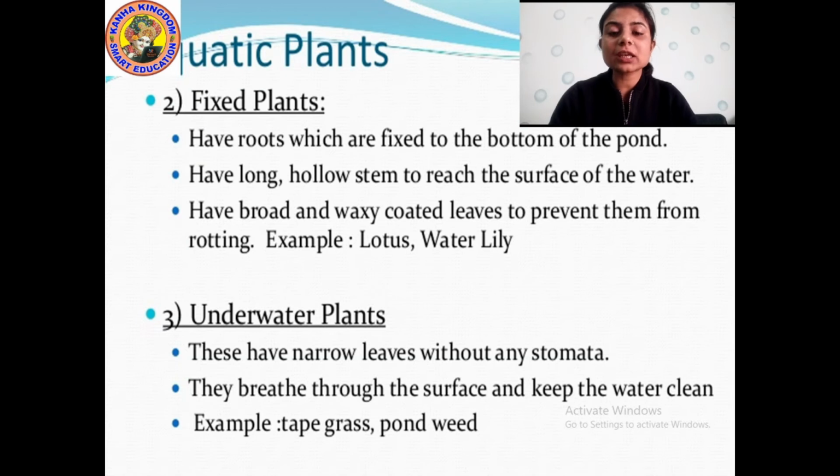The stems of these plants are thin and hollow so that they can absorb the water, and the stems are thin so that they can reach inside the bottom of the water.